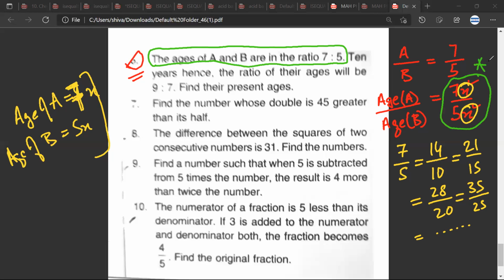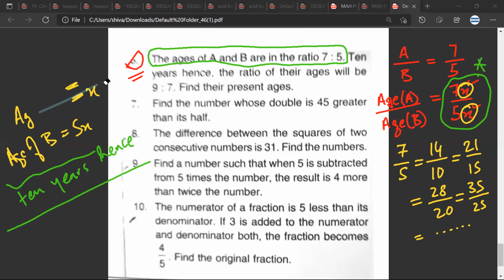Sarthak, any issue till here? No, sir. See, once you get this, then the second line says 10 years hence. 10 years hence. So let us try to understand this.